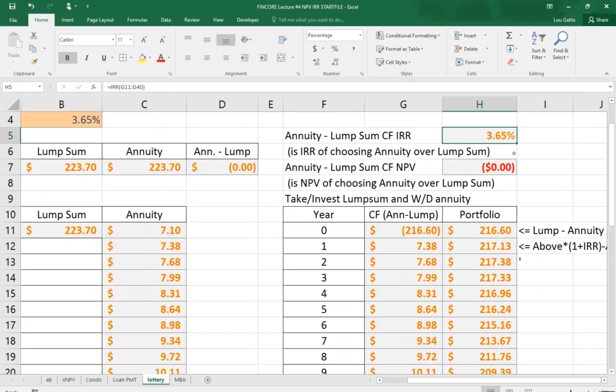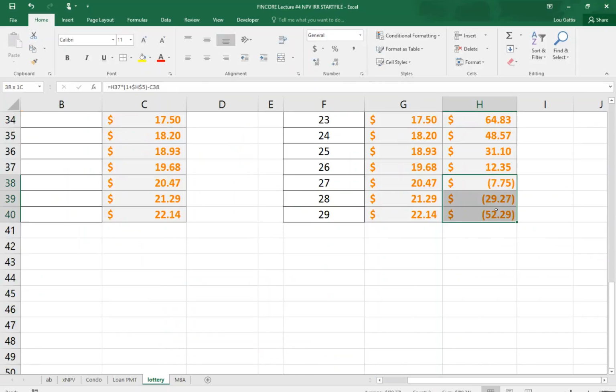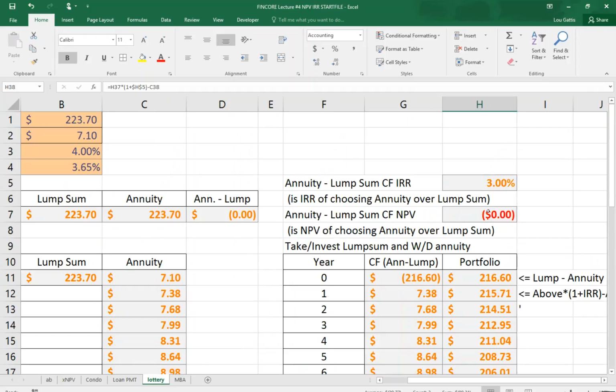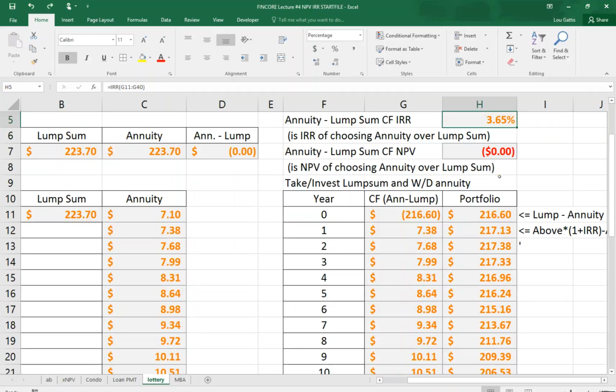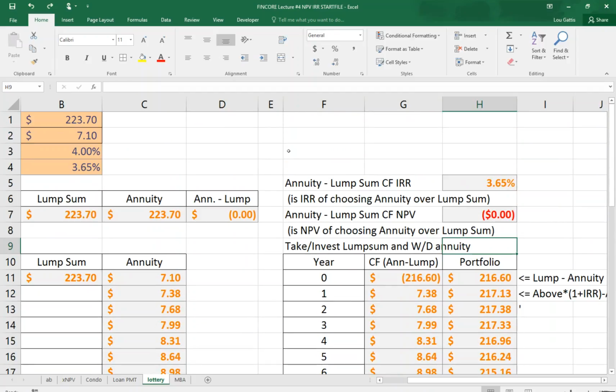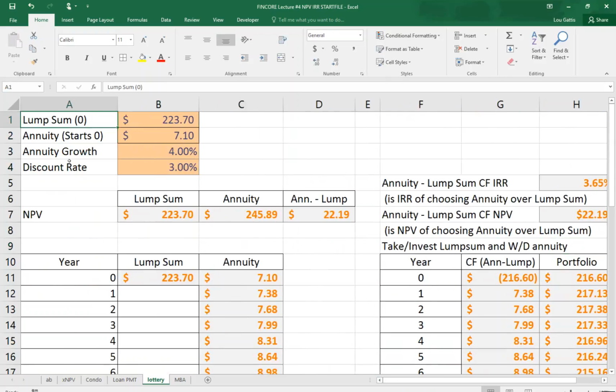However, if I can only invest at 3%, let me just plug in 3 there. Notice I have a shortfall. That's why the annuity was better. Because if I can only invest at 3%, I wouldn't be able to recreate that annuity. So the NPV and IRR are powerful tools that allow us to think about any investment decision, corporations and personal.